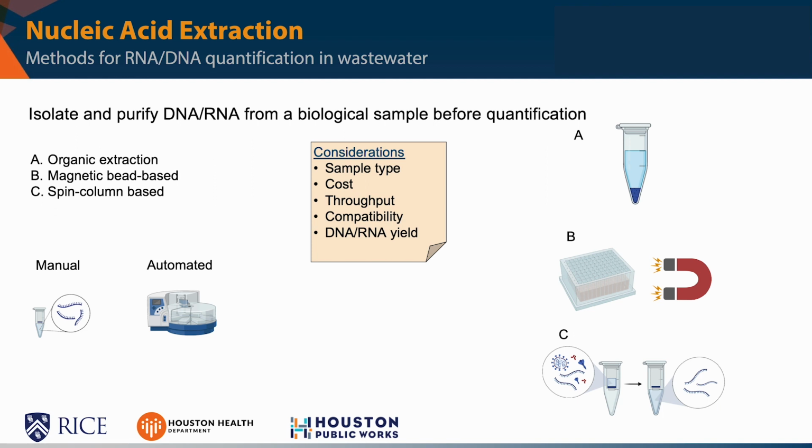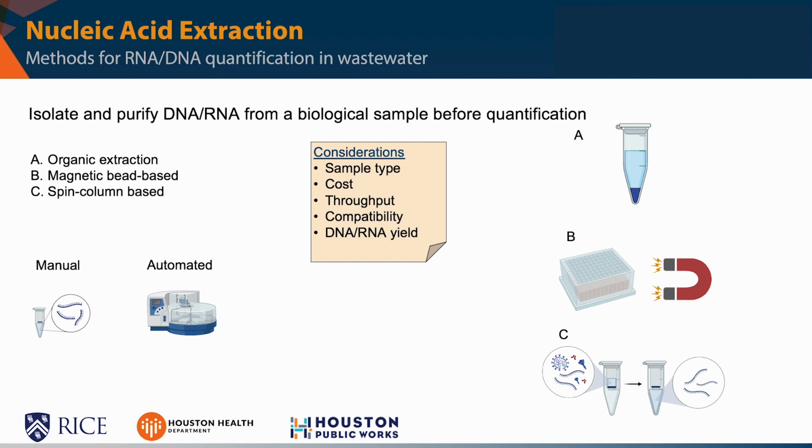Magnetic bead extraction is a method that uses magnetic particles to bind to the nucleic acid and aid in isolation. And spin column techniques use centrifugation in a series of buffers and salts to promote binding of nucleic acid to the respective membrane. Nucleic acid is then eluted with an elution buffer or nuclease-free water.